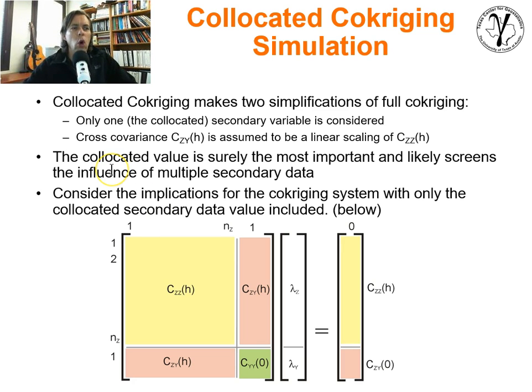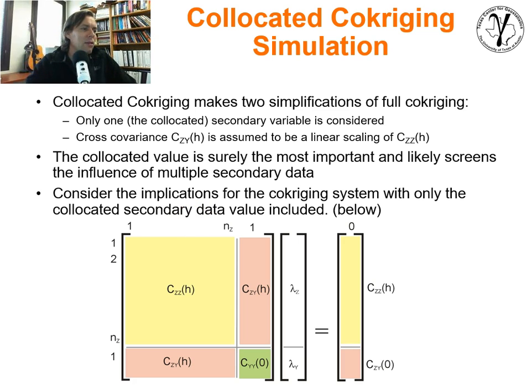Well, it turns out the collocated secondary value, the secondary data at the same location that you're trying to estimate the primary variable, has zero distance offset. It's the most important value. It will screen the influence of all the other possible secondary data in the search neighborhood. So that's pretty reasonable.